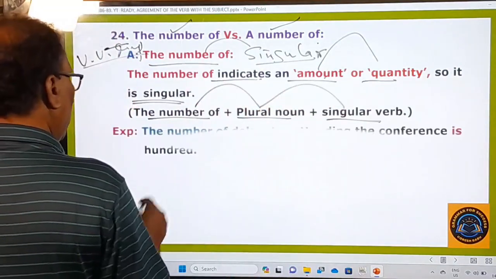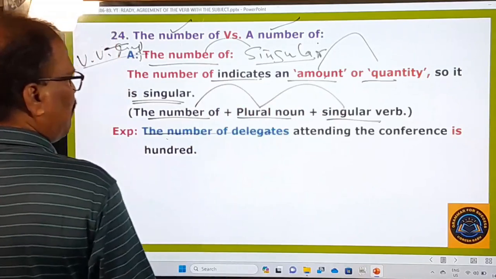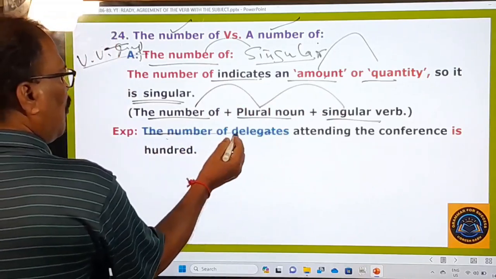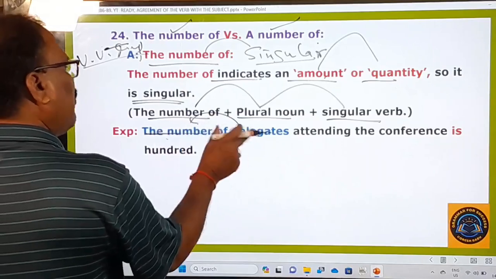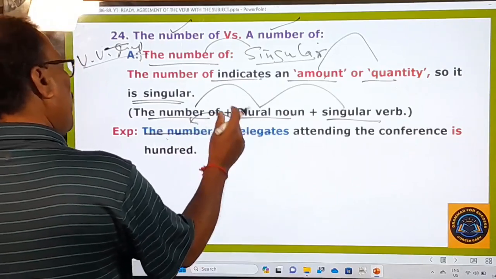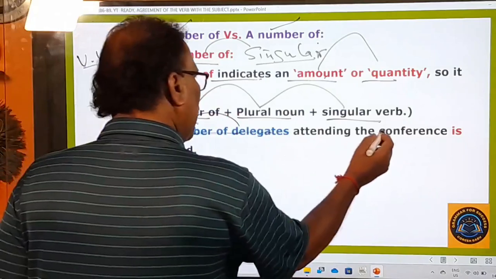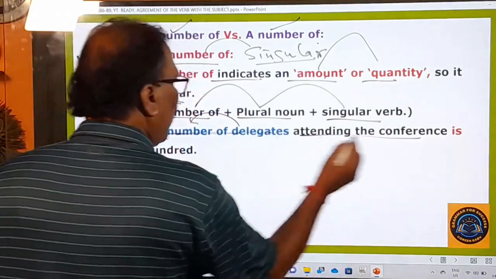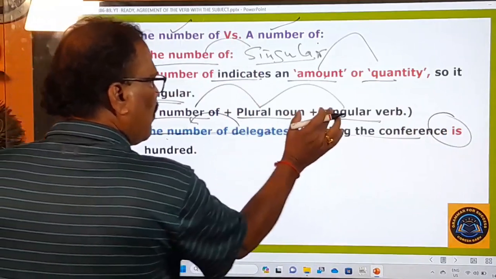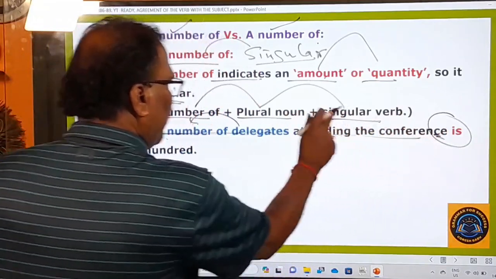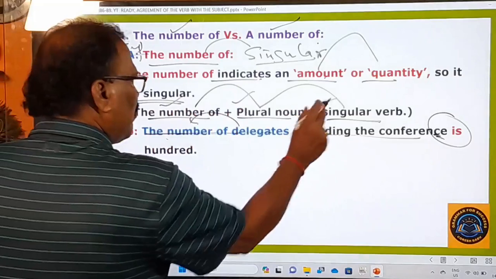How? Let us see that here. The number of delegates, already I have told you that we are talking not about the delegate, but the number of delegates. The number of delegates attending the conference is 100, because the number of plus plural noun is always followed by a singular verb. Please follow this pattern.